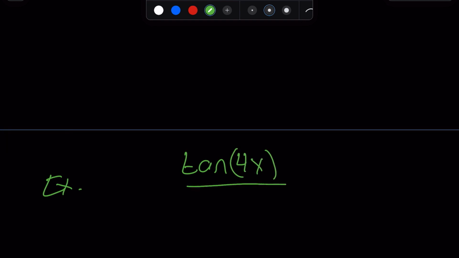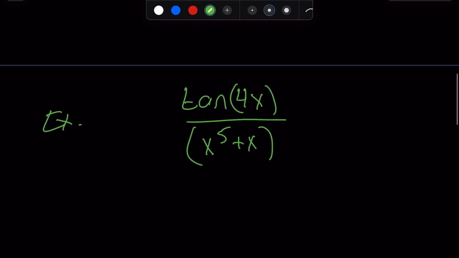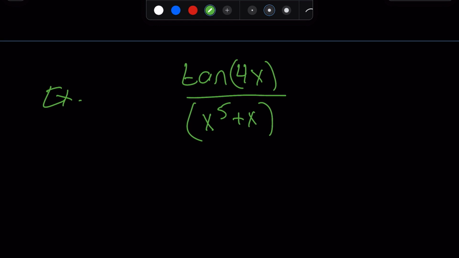Let's just do one more. Do something like tan of 4x divided by x to the fifth plus x. So now instead of just remembering the chain rule, you need to remember your quotient rule also.